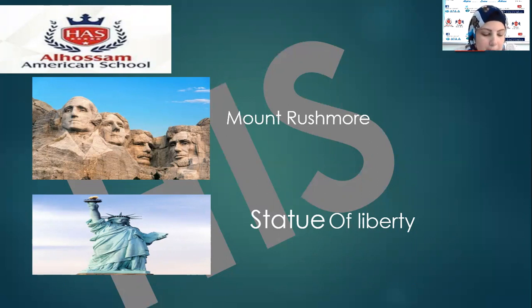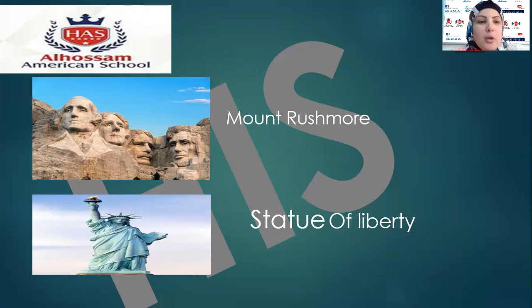At the upper picture, you will see four faces: 1, 2, 3, and 4. Let's ask ourselves, who are these faces? Let me tell you that this mount is called Mount Rushmore.